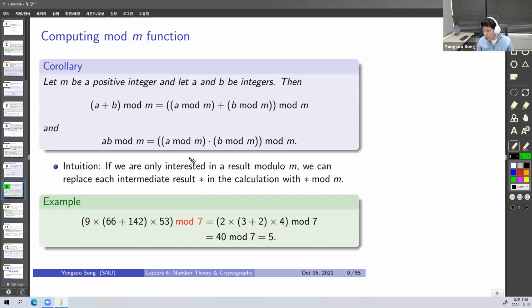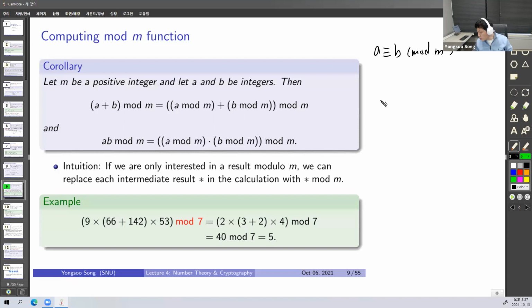As a corollary, we can just apply the previous theorem to obtain the following statement: that a plus b modulo m is equal to a modulo m plus b modulo m, modulo m. Recall that we use the same mod notation for 2 different types of relation and function. First, if we use this notation, it means that a is congruent to b modulo m.